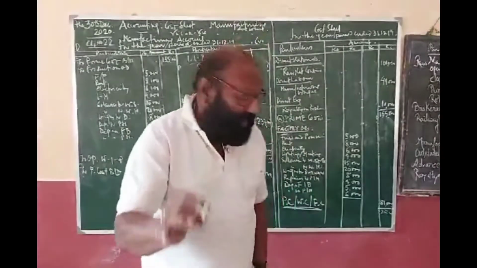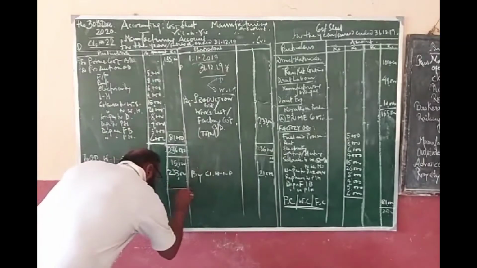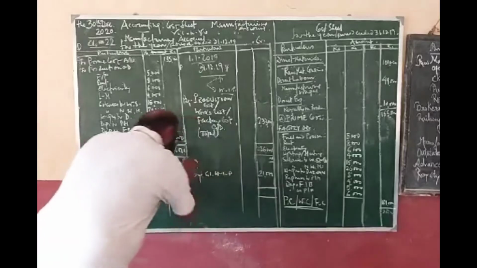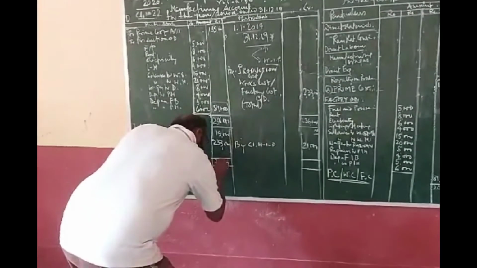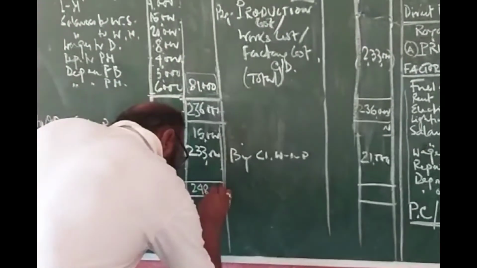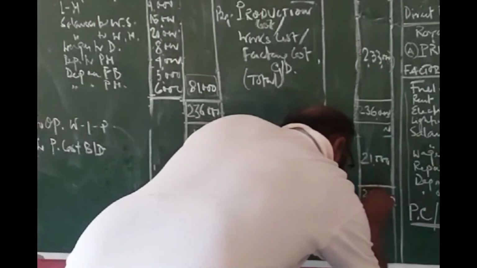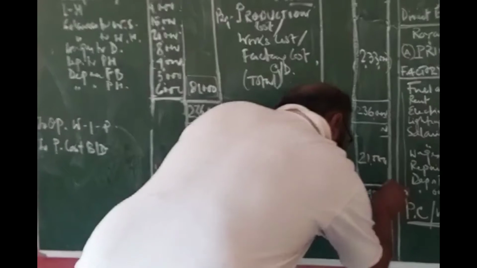Okay, so our exact objective is that we have to find out the... so it is how much? 2,48,000. Now what is the difference? 2,27,000.